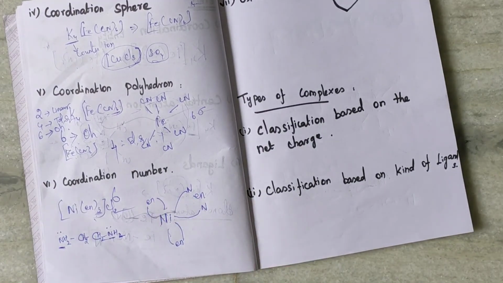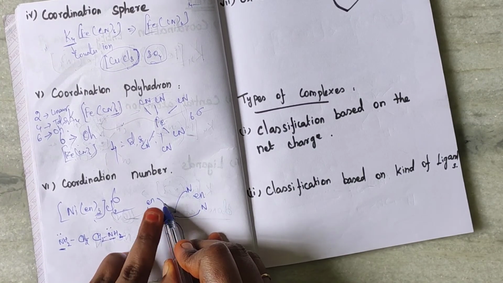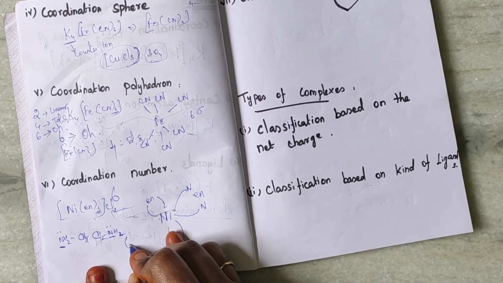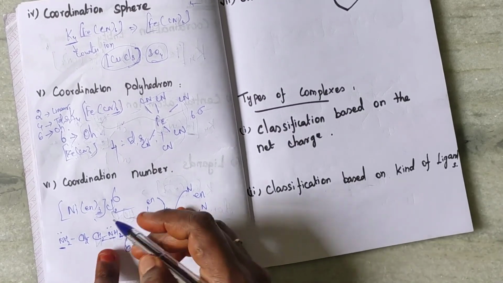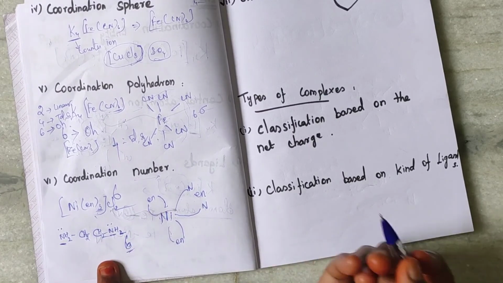So totally we count the bonds: 1, 2, 3, 4, 5, 6. So the coordination number of this complex is 6.